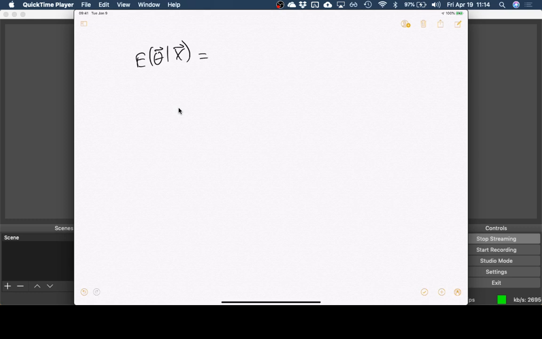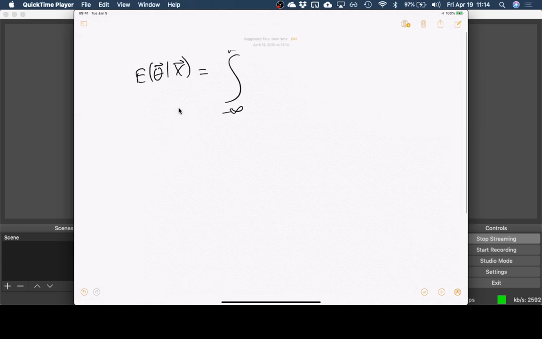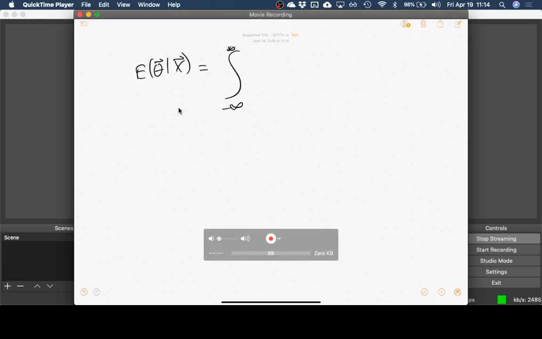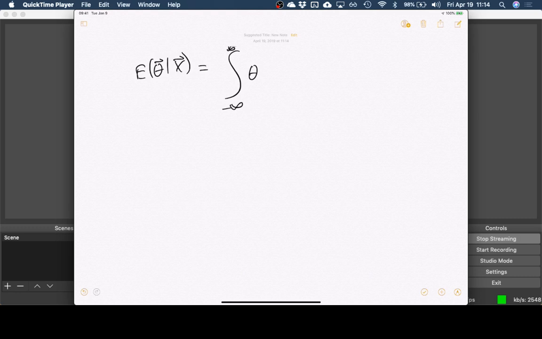What is that? Oh gosh, here we go. Oh, it's too high up there. There's an infinity up there of theta, right? Times, well, what's our posterior distribution of theta? Ooh, that's a mess. How about we just call it f of theta given x? But that is Bayes' theorem, right? d theta.